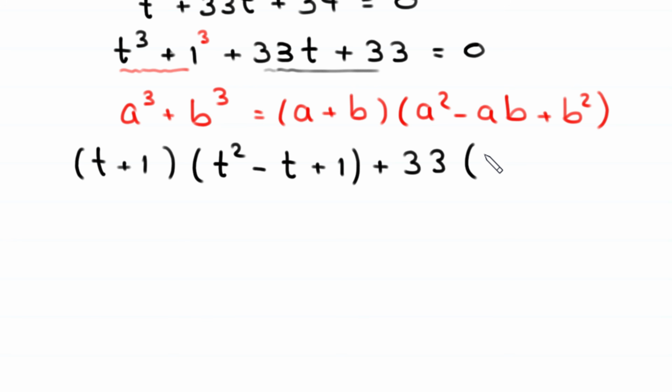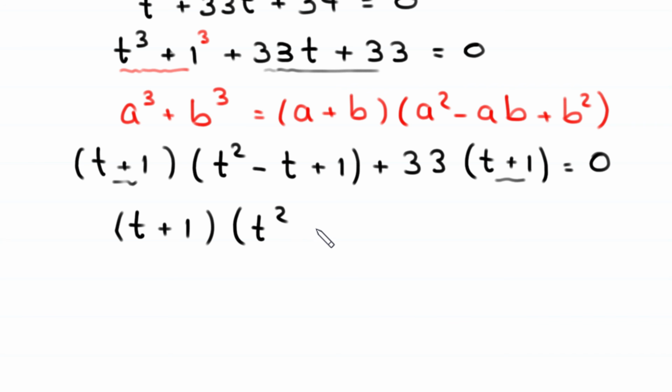In bracket left, t plus 1 equal to 0. This expression t plus 1 is common, so we factor out this t plus 1, and in bracket left, t squared minus t plus 1 plus 33 equal to 0.